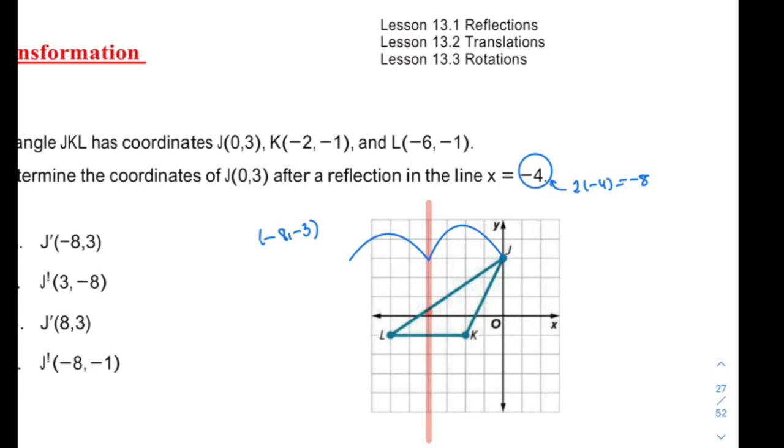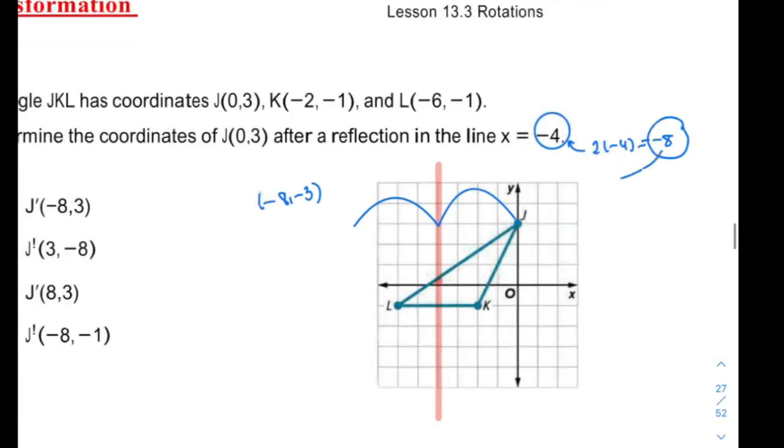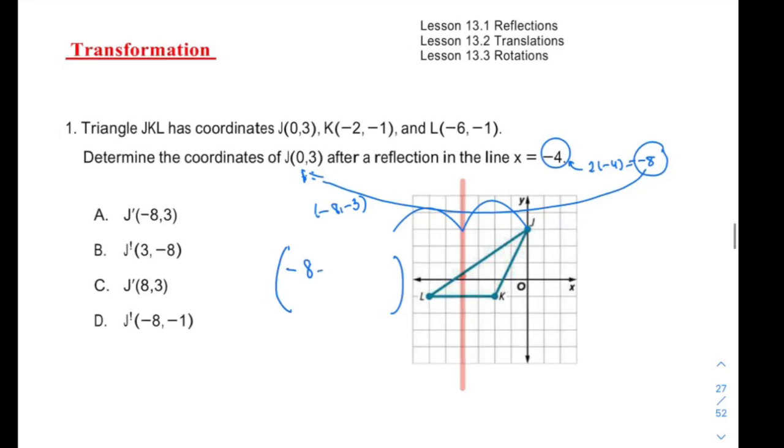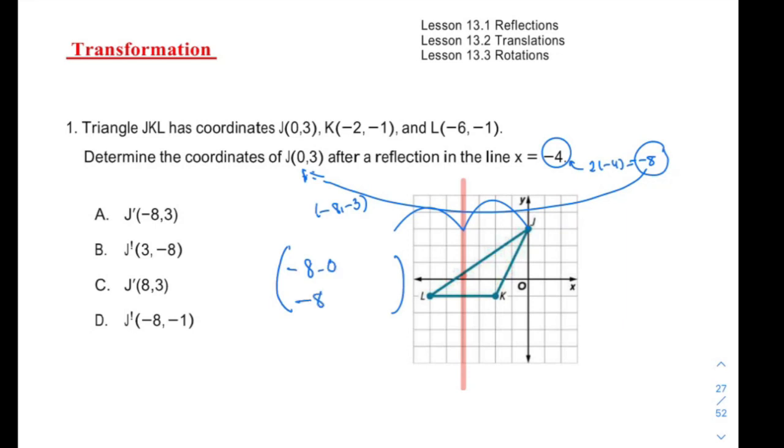So from this -8, you subtract the original x, which is 0. So -8 minus 0 is -8, keeping the y the same. That's why we reach J prime (-8, 3), the same as the one that we obtained here.